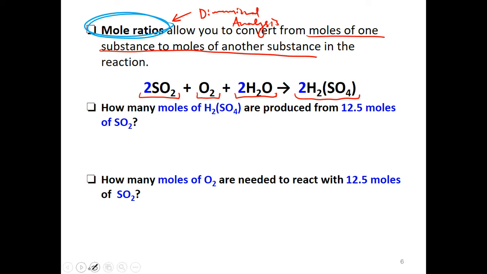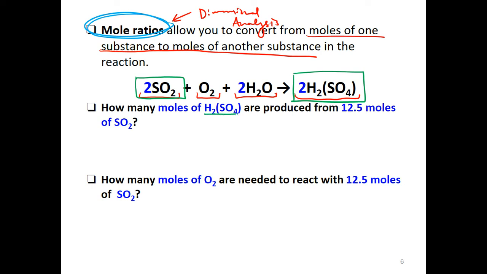So let's examine the question. The question is asking how many moles of sulfuric acid are produced from 12.5 moles of SO2. So the question is asking me to compare sulfuric acid and SO2. How do you know that? It's in the question.